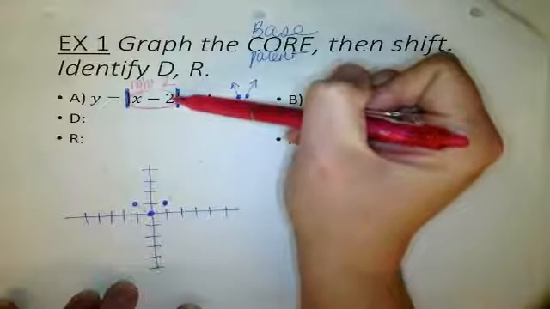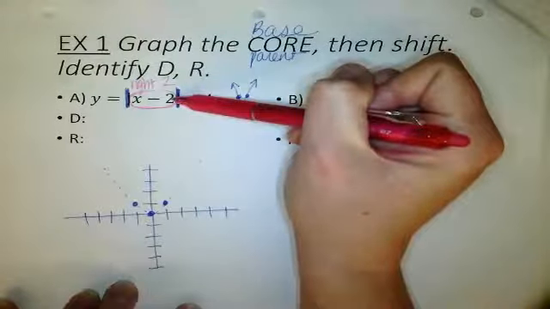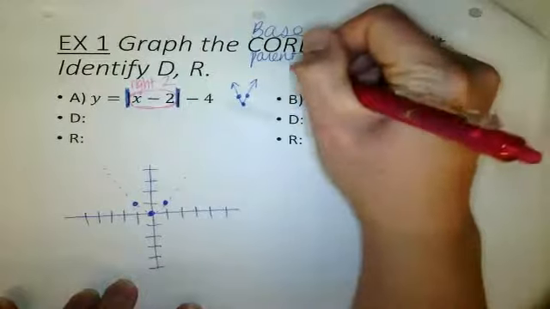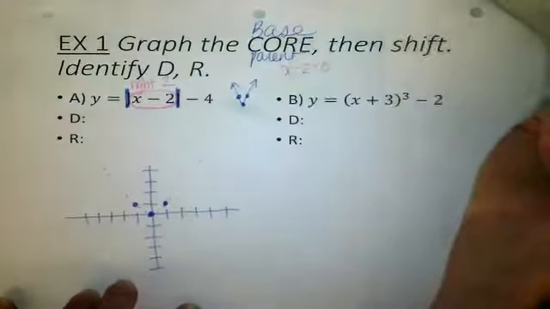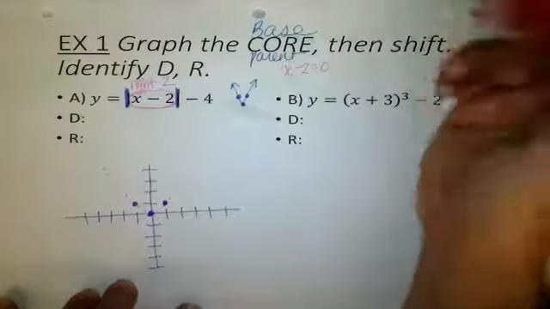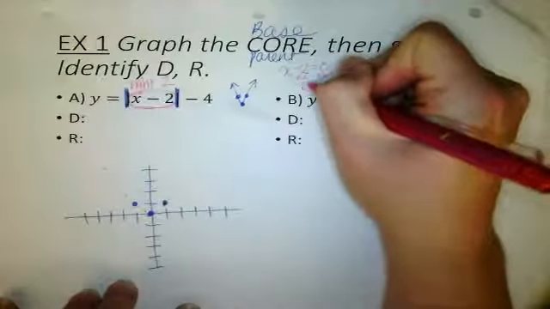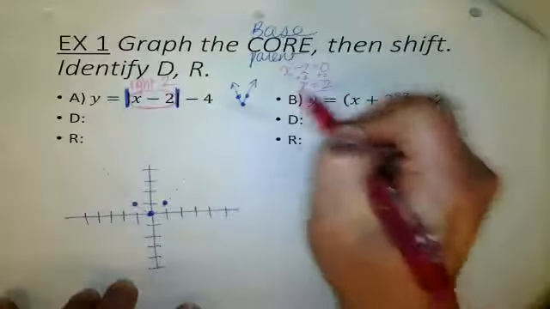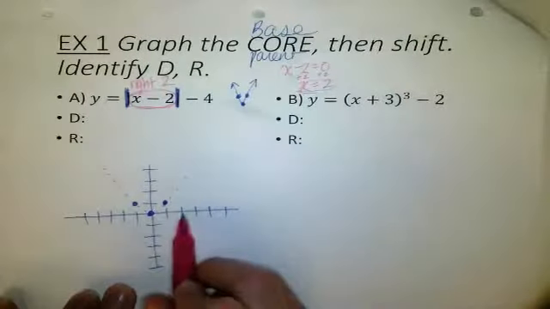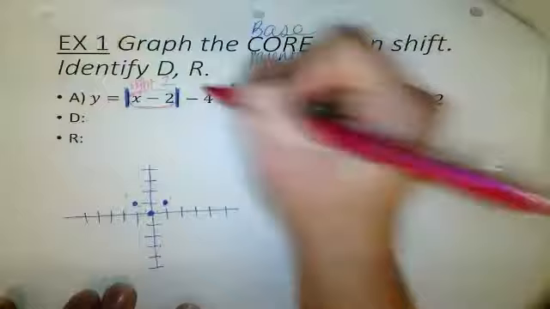Why is that? What's going on? If you solve for x, that's exactly right. If we take all of that, x minus 2, and set it equal to 0 to solve for x, it's going to say, hey, we've got to add the 2. And that's where we get 2 units to the right.